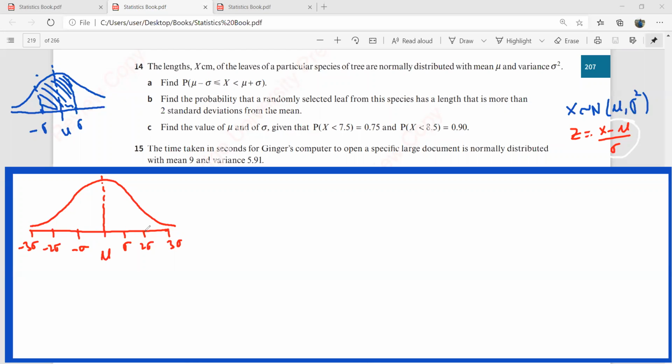It says more than two, so he's asking for this area. So he's asking to find the probability z is greater than mu plus two standard deviations, or the probability z is less than mu minus two standard deviations.